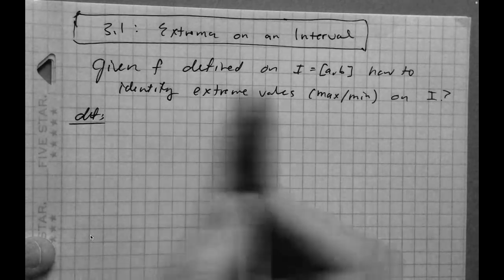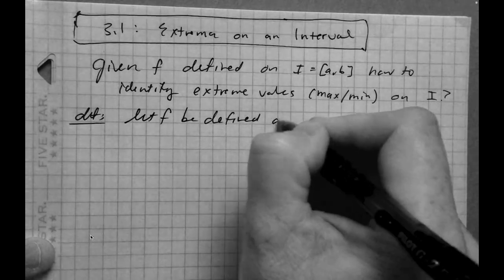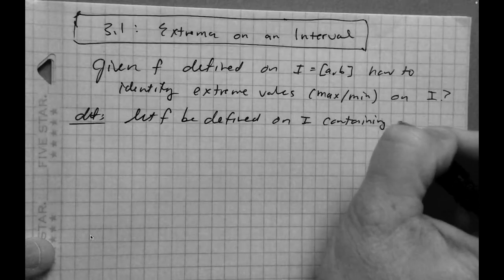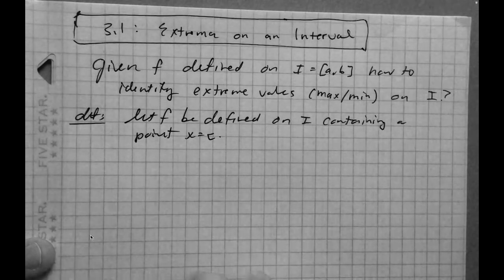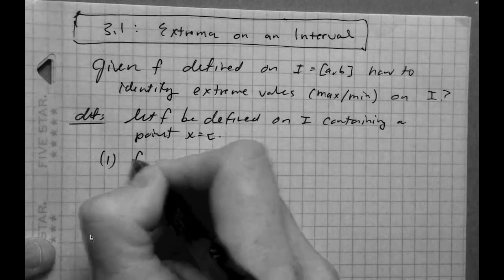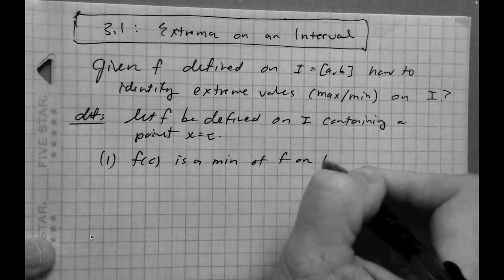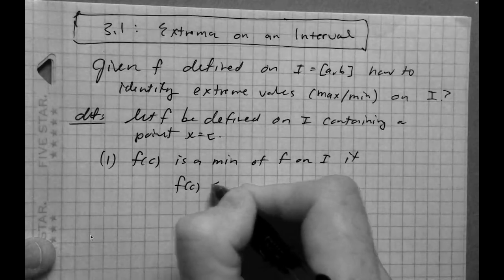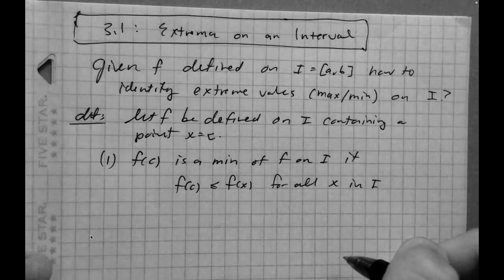Let f be defined on I containing a point C. So f of C is a min of f on I if f of C is less than or equal to f of x for all x in I, except for C itself, of course.